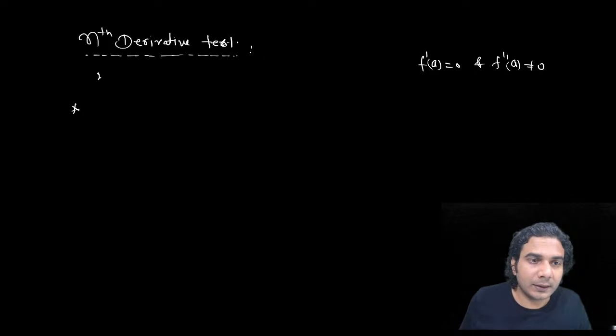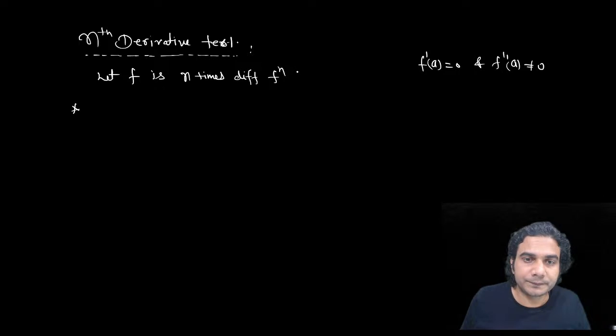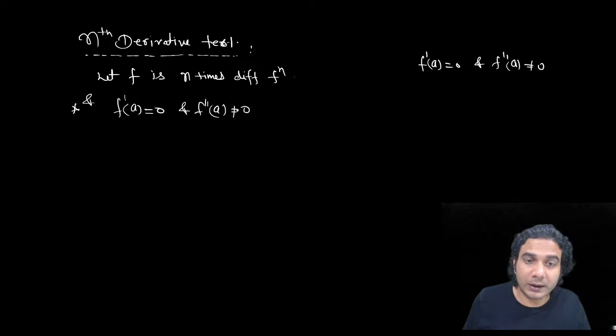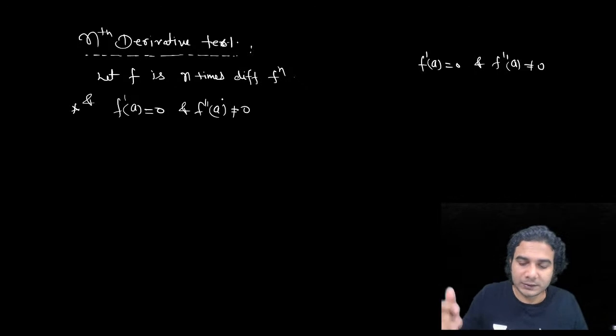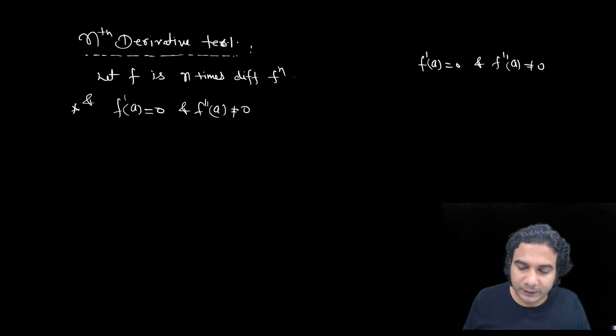See, let f be an n times differentiable function, and f dash of a is equal to 0 and f double dash a is not equal to 0. I'll write the complete theorem later, but let's go stepwise first. f double dash a is not 0.